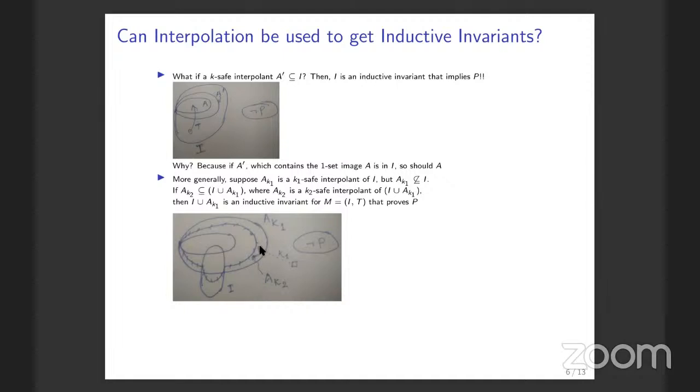Now, of course, it doesn't have to, because although you're using a k-safe interpolant as an over approximation, there's no guarantee that just because you increased k, you will end up getting a fixed point. That's once again a kind of a guess.